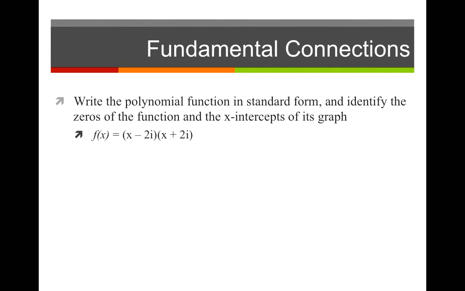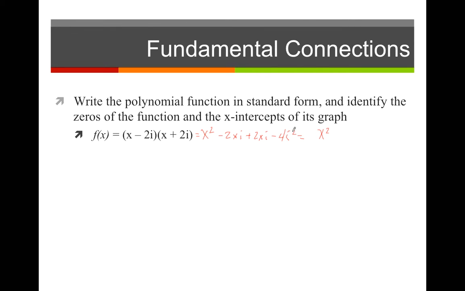So let's look at this first. If I was to write this function for you and I said write it in standard form, that means I'm going to write this as, okay, let's FOIL this. I get x squared minus 2xi plus 2xi minus 4i squared, which when simplified, this becomes x squared.